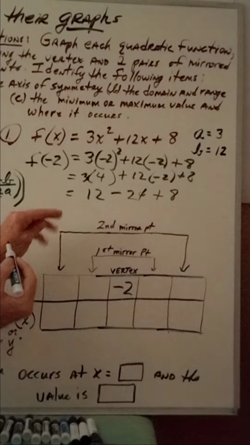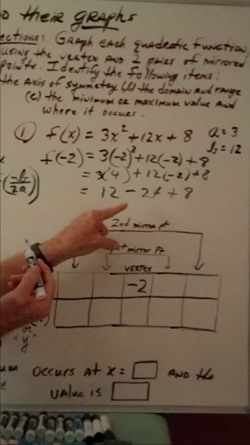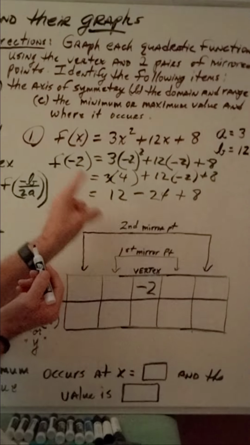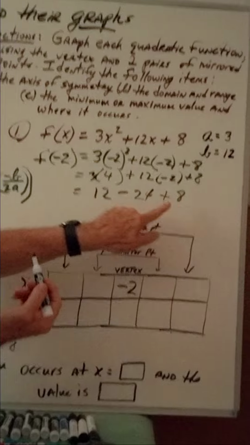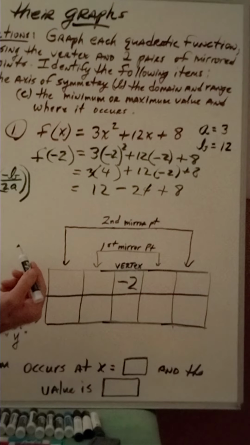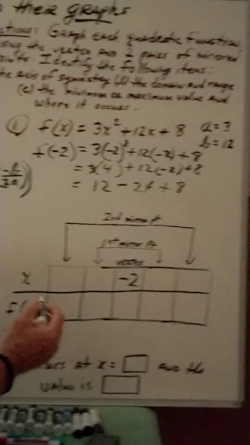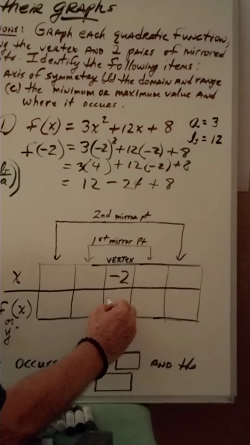Now with a limited amount of space, we should have enough information here to find the value of f when the domain is negative 2. 12 coupled with a positive 8 is 20. And 20 combined with a negative 24 would give us a y value of negative 4.